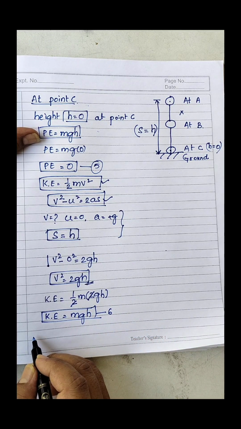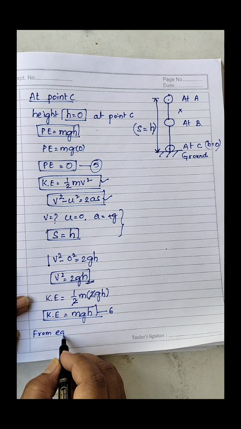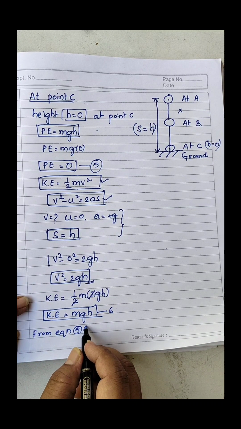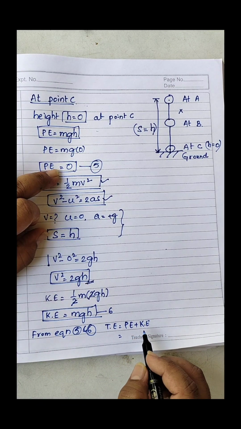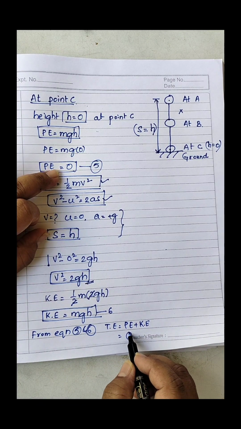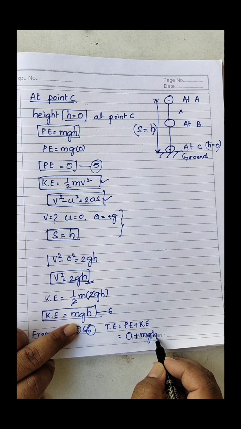From equation number 5 and 6, the total energy is how much? In equation number 5 it is 0 plus kinetic energy is how much? mgh.